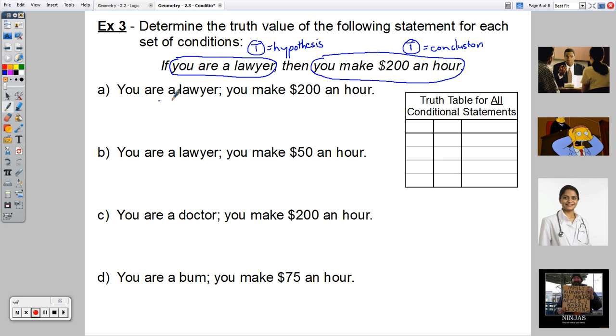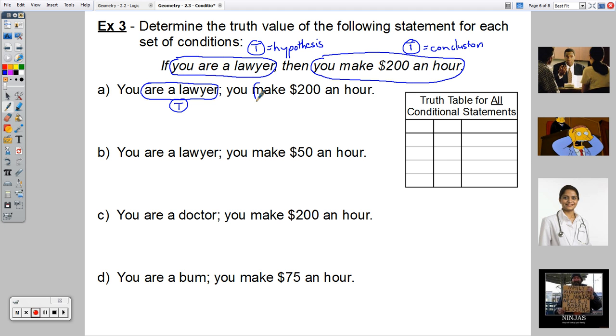So if I look at this first one, okay, here's the conditions. You are a lawyer, you make $200 an hour. Does that satisfy what I see up here? Do I have both parts being true? I sure do. So I've got you are a lawyer. That's true, because that's the same hypothesis as what I had up here.